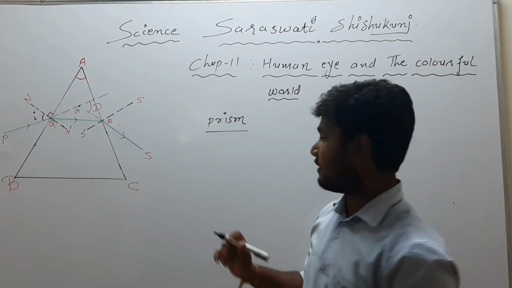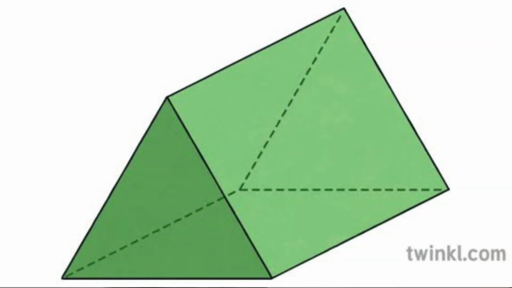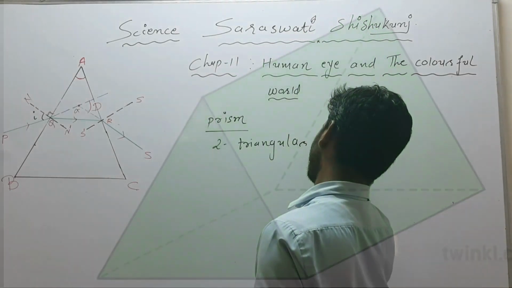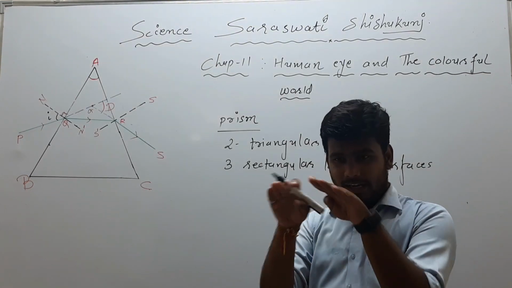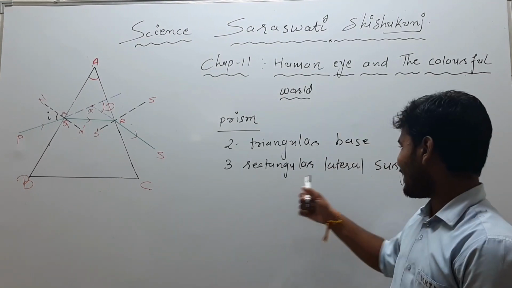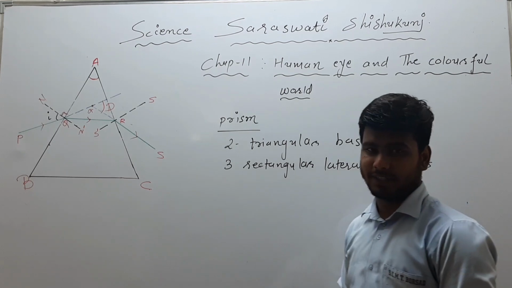Generally the prism will have two triangular bases and three rectangular lateral surfaces, which you can see.